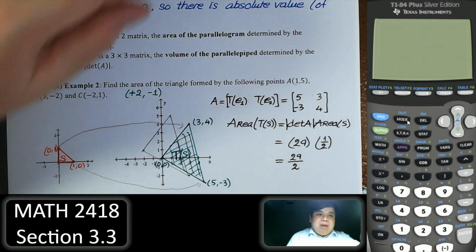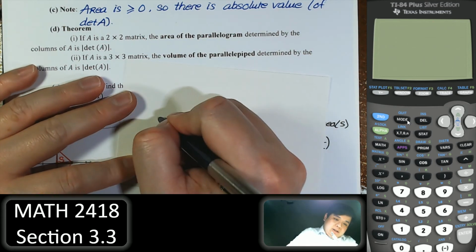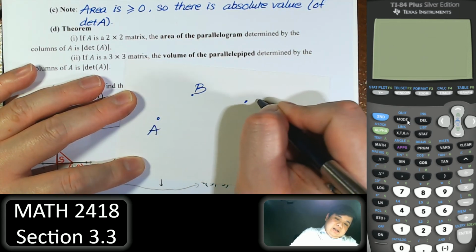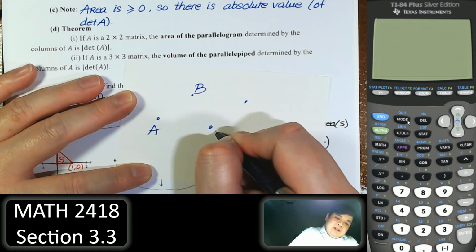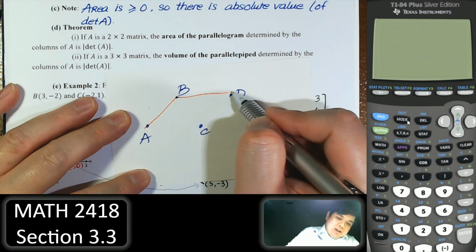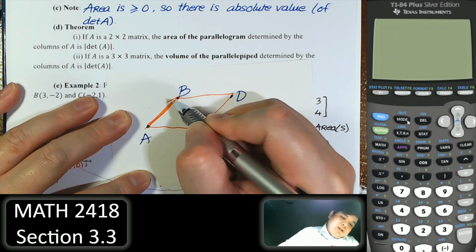What do I mean by that? Let's say I give you 4 points, A, B, C, and D. Of course, when we draw it out, we know that the parallelogram is formed by these two vectors.